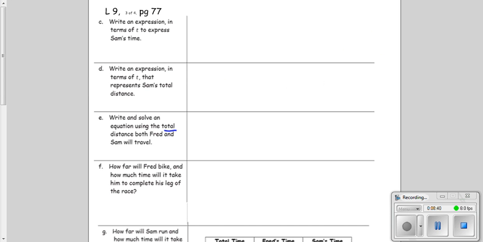Continuing. Write an expression in terms of t to express Sam's time. Now, Sam's time, we know the total amount of time, and we know the amount of time that Fred took was t. And now we want to calculate Sam's time. So if we take the total and we subtract Fred's time, that will give us Sam's time.